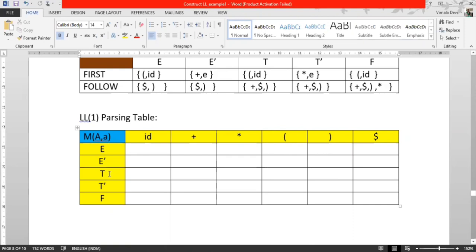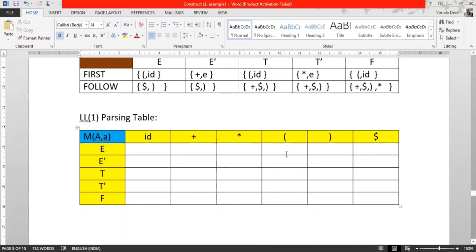So all the variables are nothing but the rows, and all the terminals are the columns. Apart from the terminals supported by the grammar, we should include one more terminal, which is nothing but dollar. This dollar is the right end marker of the input string. If the input string is kept in the input buffer, the dollar indicates the end of the string. So this is the structure of the parsing table.